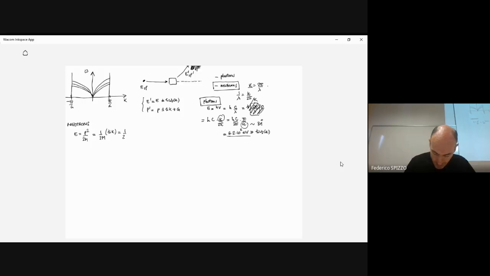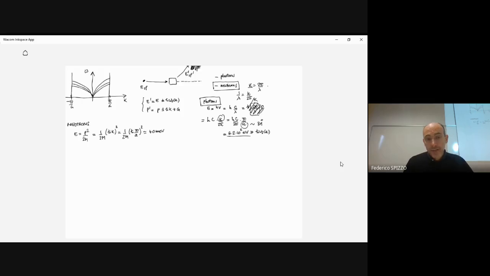So here we have 1 divided by 2m, then we have h bar, and pi divided by a as an estimate of the size of the wave vector of the phonon, or the equivalent momentum of the neutron, such that the momentum of the neutron is equivalent to that of the phonon. Then here we have an energy for the neutron that is of the order of 40 meV.